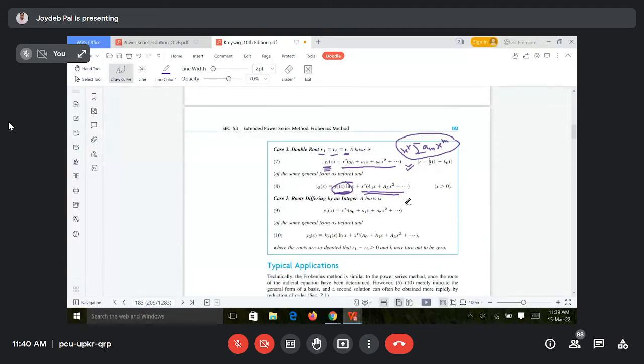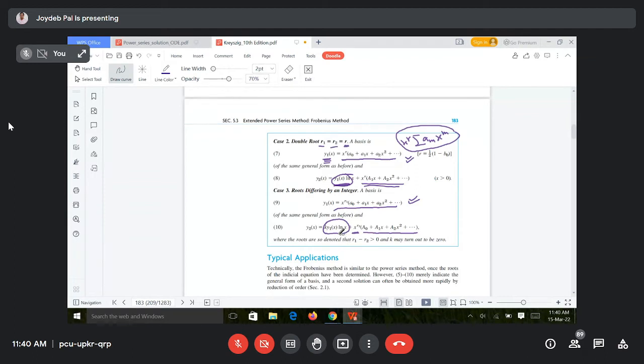And when the roots differ by an integer, in that case also the first solution comes in the same format, x to the power r into a_m x to the power m. But the second solution is related to ln: it will have ln and a constant k, k into y1(x) into ln x plus x to the power r2, where r2 means the second root, into this series. Here we have to take one condition, that r1 minus r2 is greater than 0, meaning r1 should be the larger root.